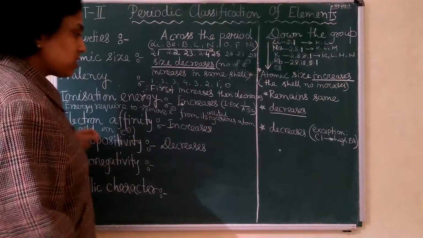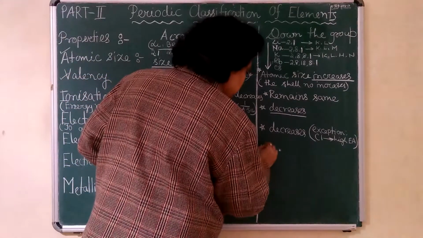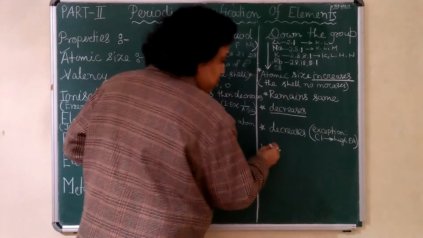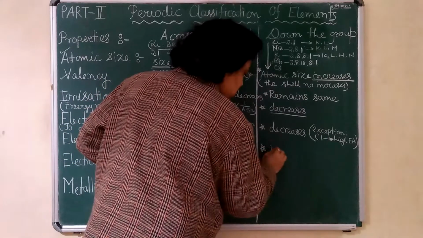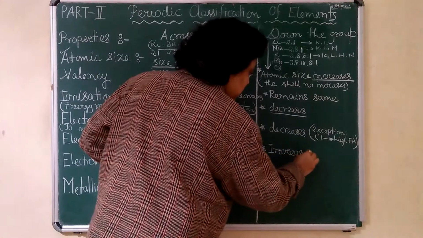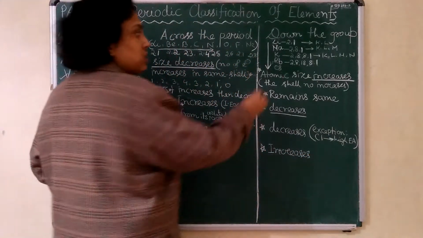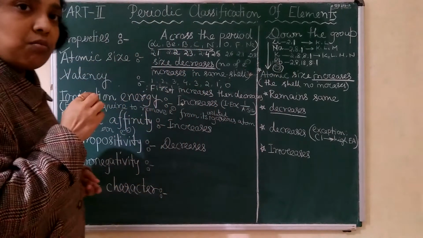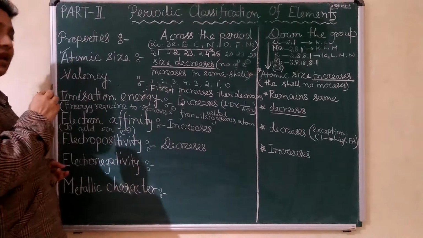What will happen down the group? It is easy to remove the electron, so positivity will be more, so it increases. Which is the most electropositive? For the first group, cesium is the most electropositive element.